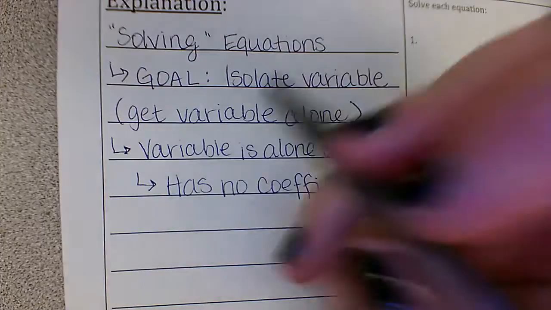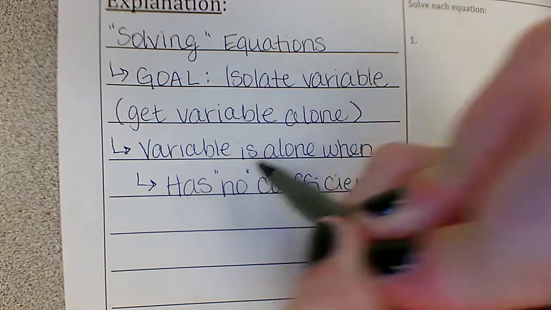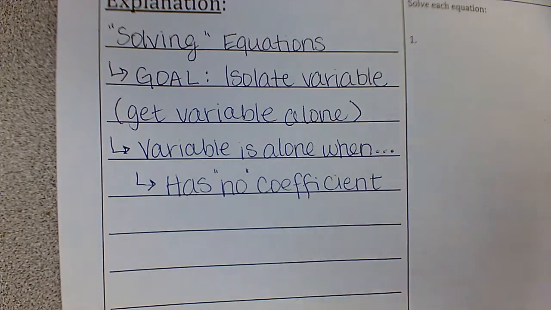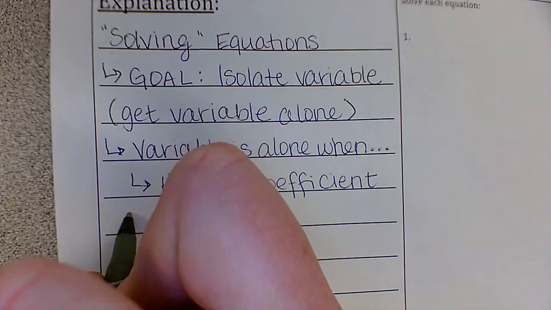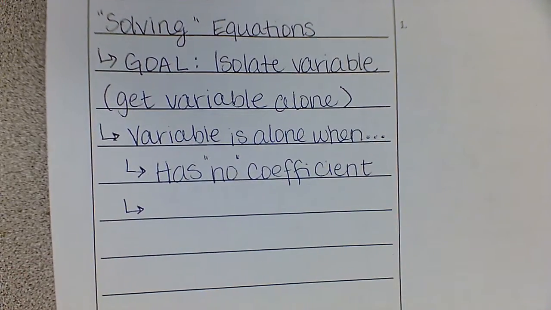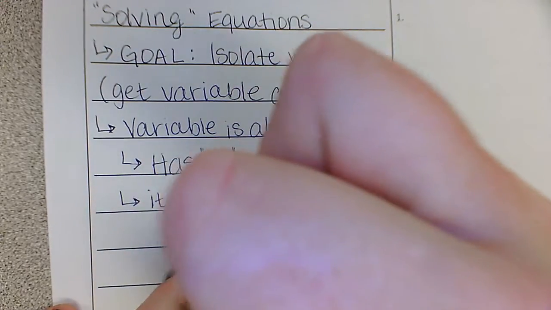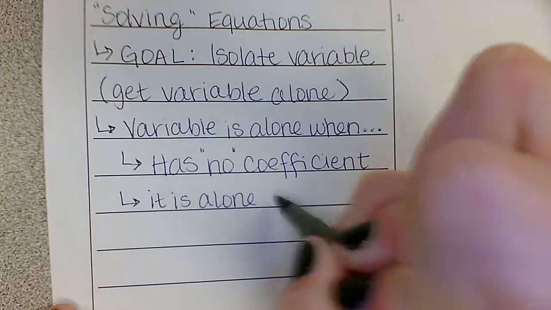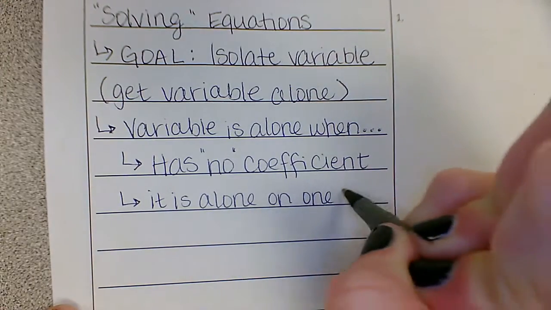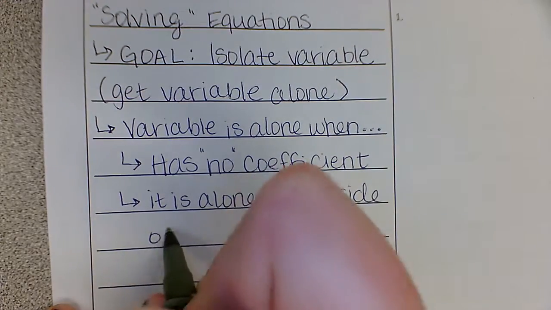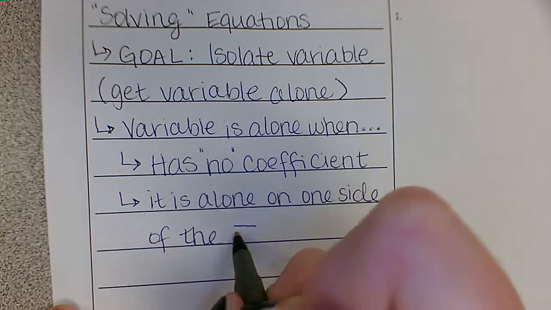So when I say there's no coefficient, let's put that in little quotes. By me saying no, it just means that there's no other number besides 1. We know the imaginary 1 is always there. The other thing is, the variable is alone when it is alone on one side of the equal sign.